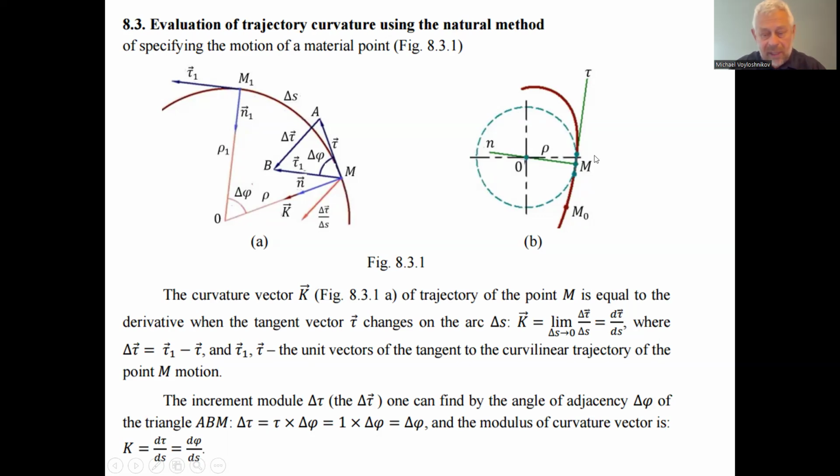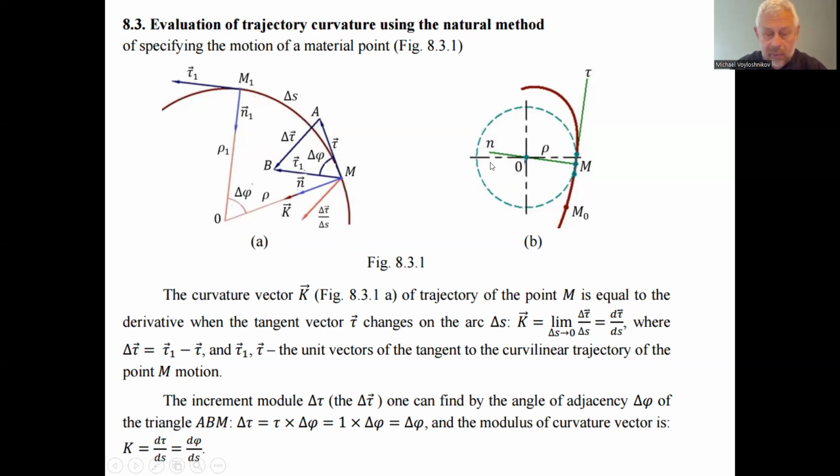The point almost moves in rotation, moving along the curvilinear trajectory with radius rho, and the magnitude of the curvature vector is equal to 1 divided by rho. Rho is a scalar magnitude.